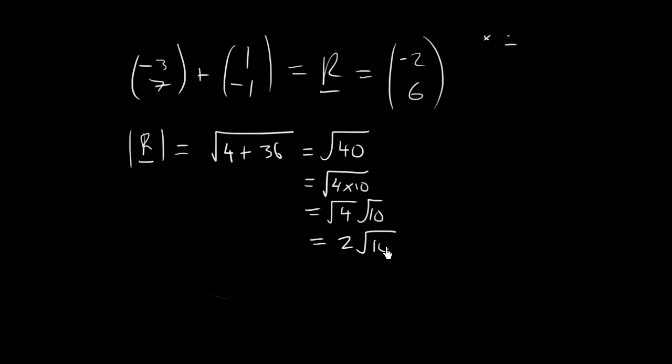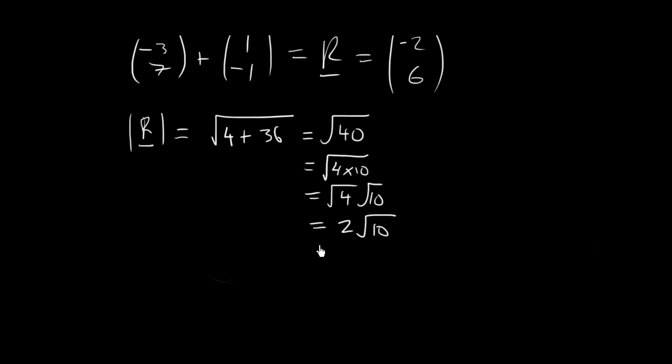So 2 root 10 is the way that I like to leave it, because it's an exact answer. It's not rounded up or down, but you can use your calculator and do it in decimals, and you wouldn't miss marks for expressing that in decimals. Just use one decimal place maximum.